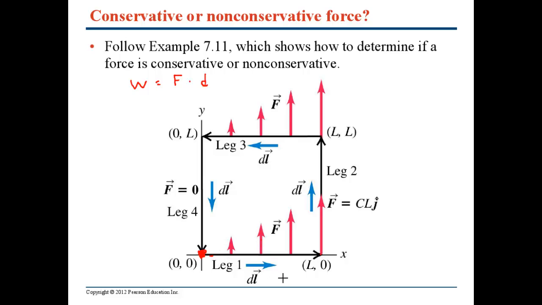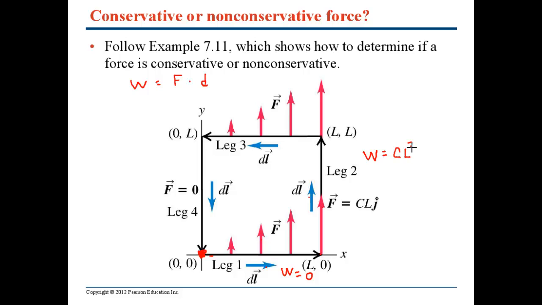Here the force is perpendicular to the distance that it's traveling, so we can say that the work must be equal to 0. Over here the force is in the same direction as the direction of motion, so we know that the work is going to be present, and the book shows you how to go about calculating that.